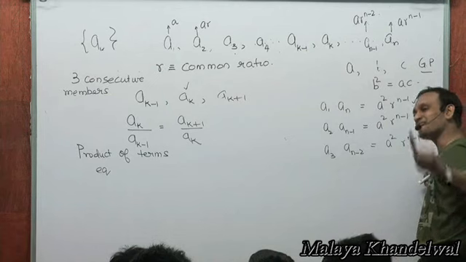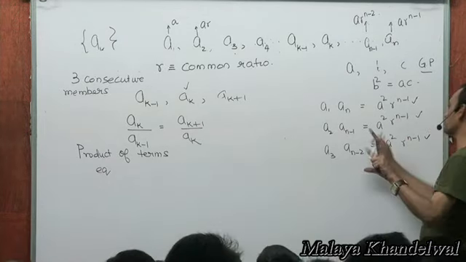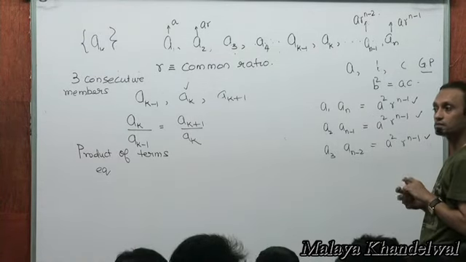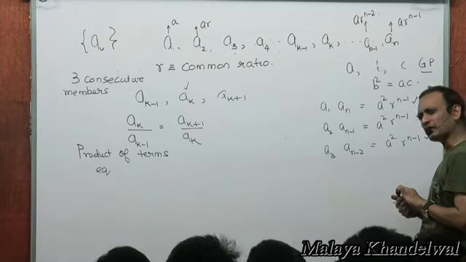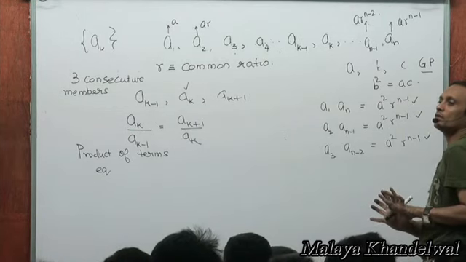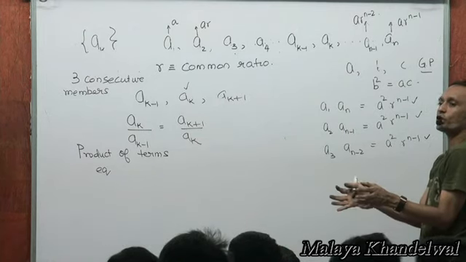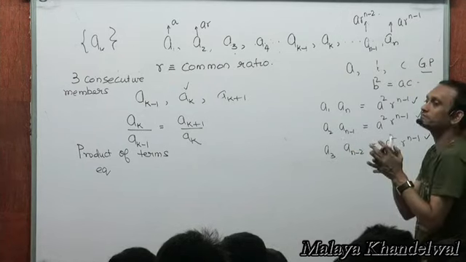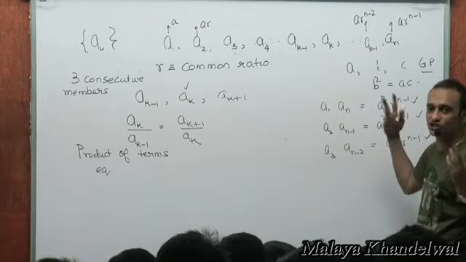In an AP, sum of terms equidistant from the beginning and end is a constant. In a GP, product of terms equidistant from the beginning and end will be a constant. For day 1 on progressions, I have just about equipped you with a skeletal understanding so that if this terminology AP-GP appears in a trigo sheet or in a logarithmic sheet or in a quadratic sheet, you don't feel lost.